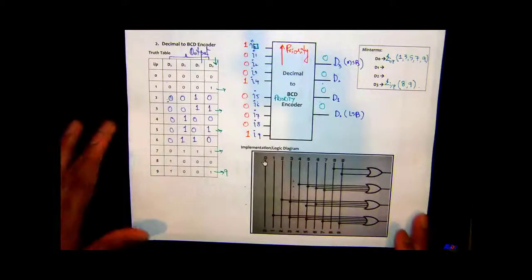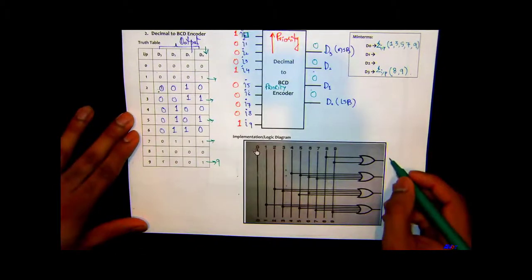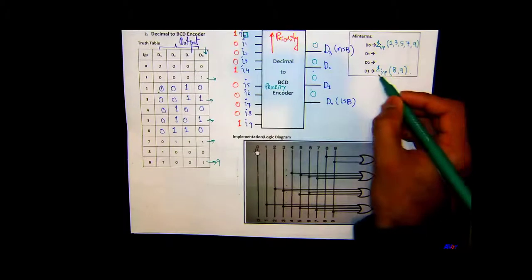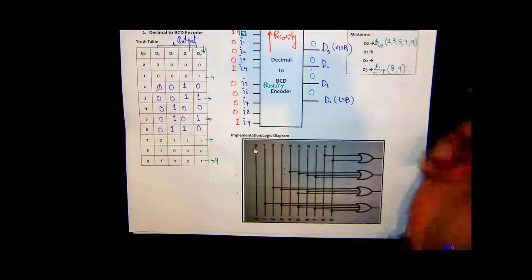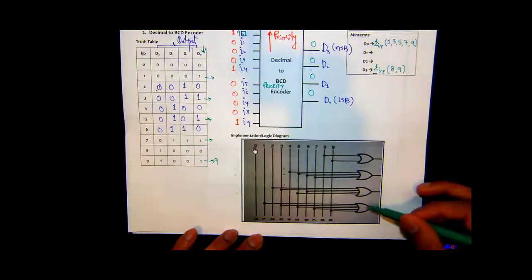If you look at the logic diagram below here, which one of these is D3, if I ask you? The top one is D3 or not? So I was looking at the min terms here, right? These are all min terms, correct? And what do we do with the min terms? We add them together, correct? So we have an OR gate, which is adding all those terms.